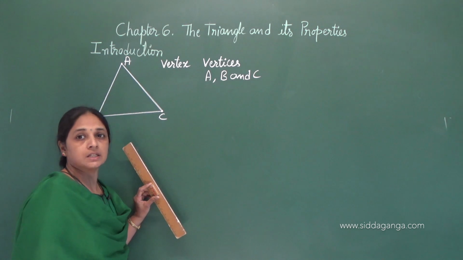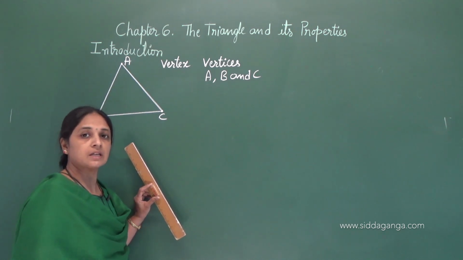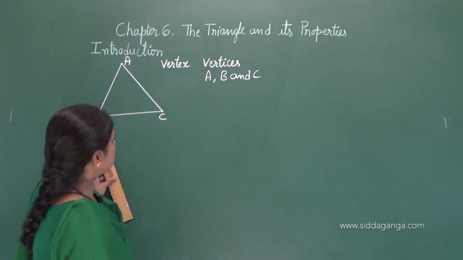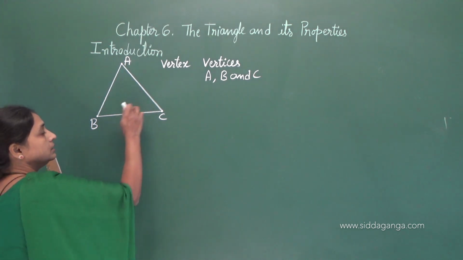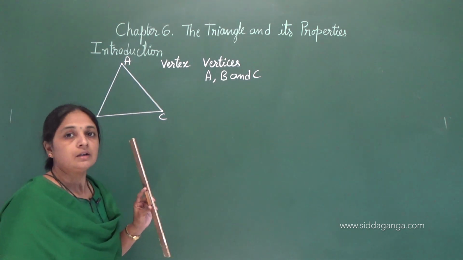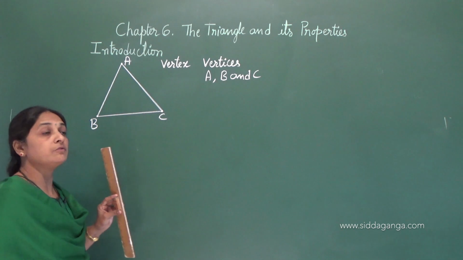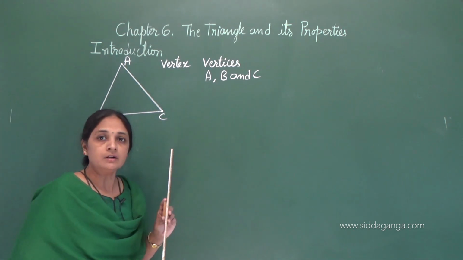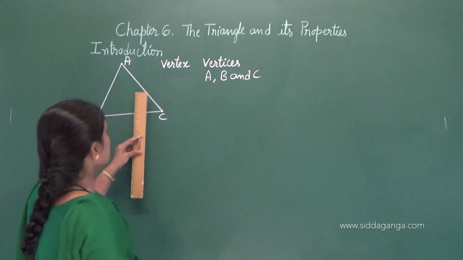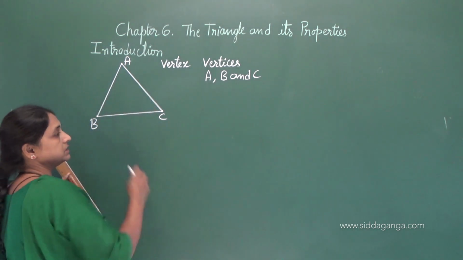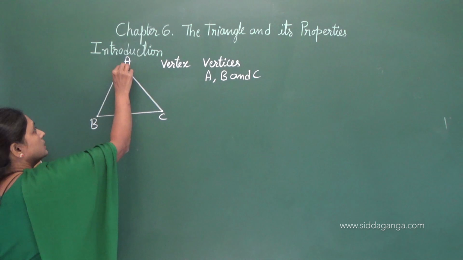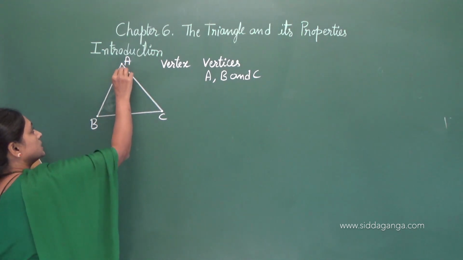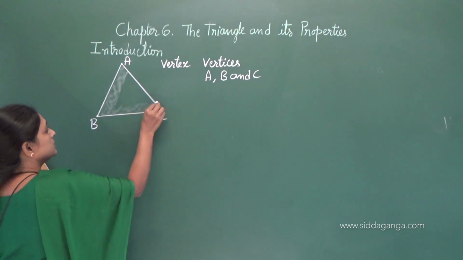It may consist of 4, 5, 6, 7 line segments. But here in a triangle we can see three line segments which meet at their end points and are in different directions. So this is a plane surface.